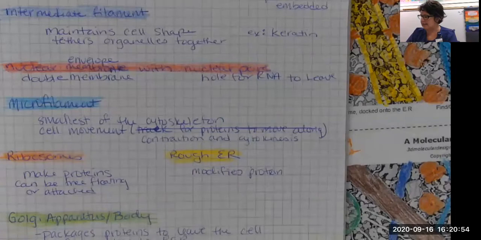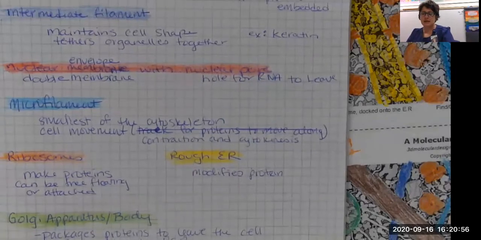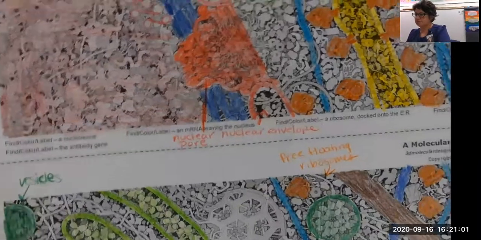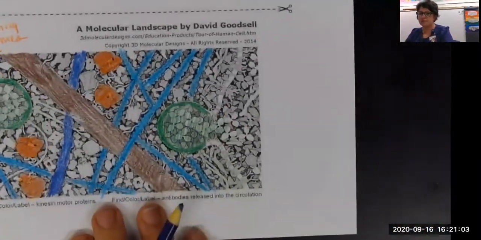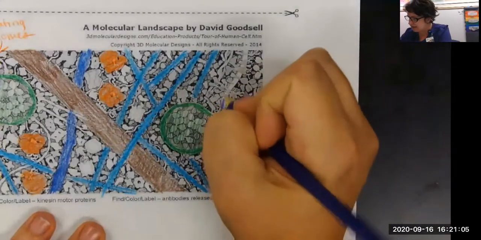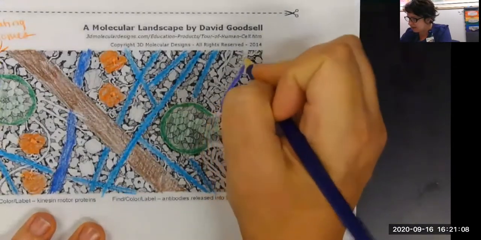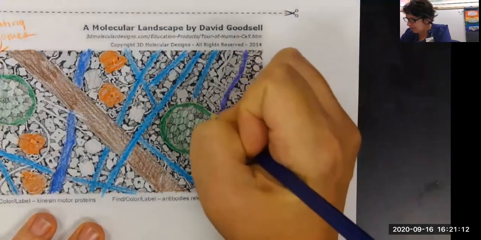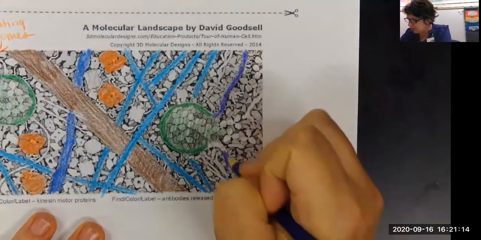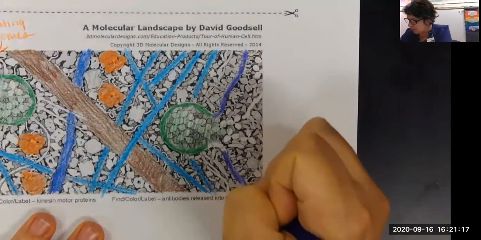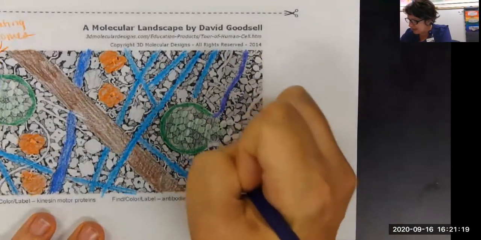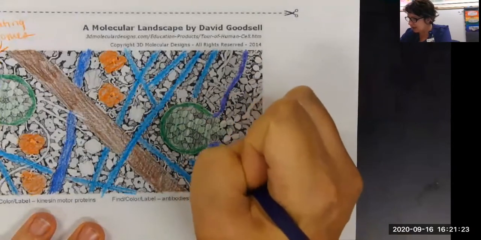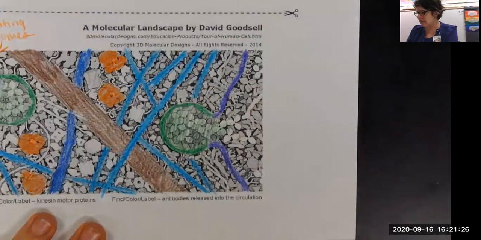All right, so the last color that we need to use, I am going to use purple, and we're going to focus on the cell membrane here at the end. So this area is the cell membrane, and right now we have a vesicle fusing with that cell membrane in order for exocytosis to happen, and the contents of that vesicle can leave the cell.